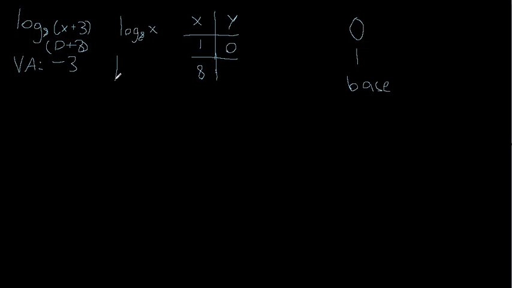Then we plug in 8. When we plug in 8 for x, we get log base 8 of 8, which just equals 1 because they cancel each other out. And this is our table.